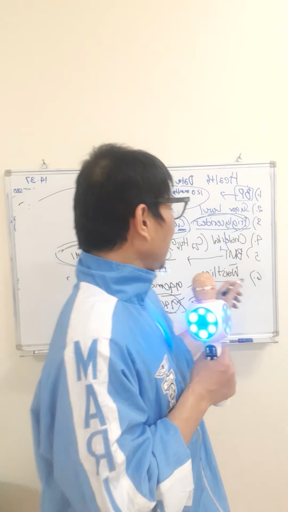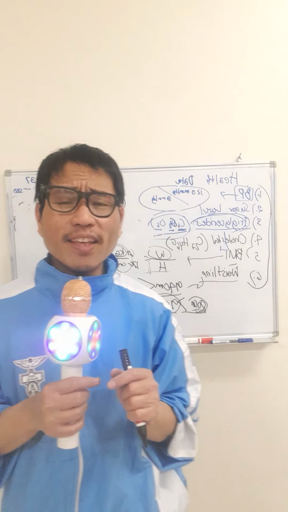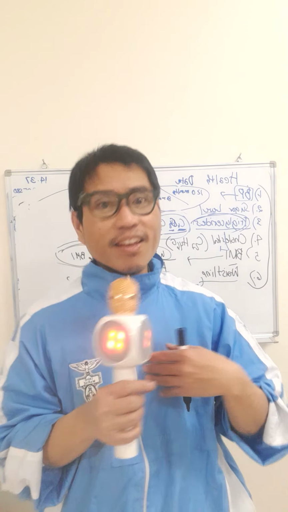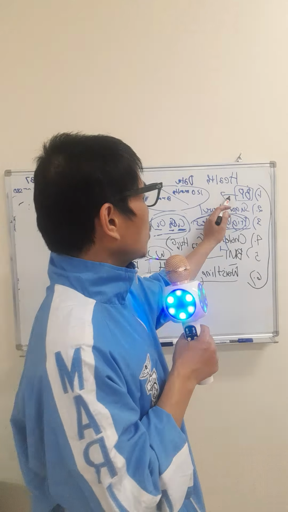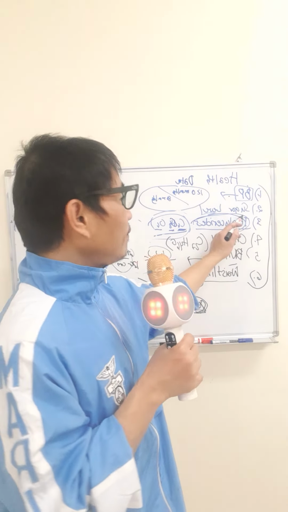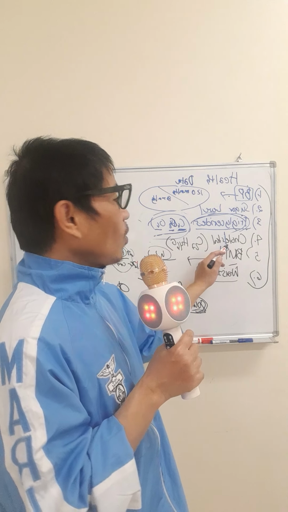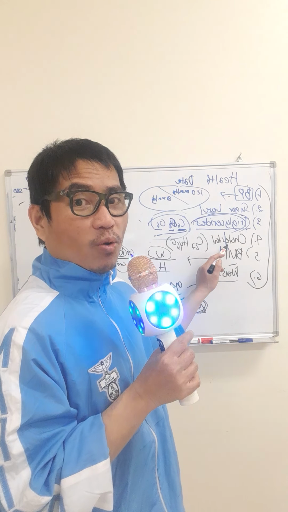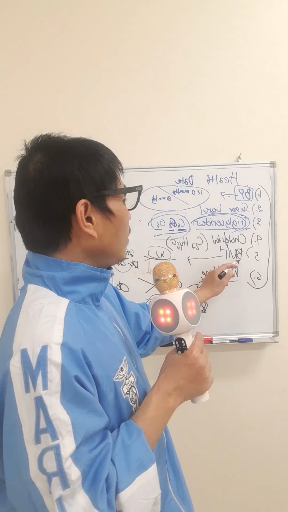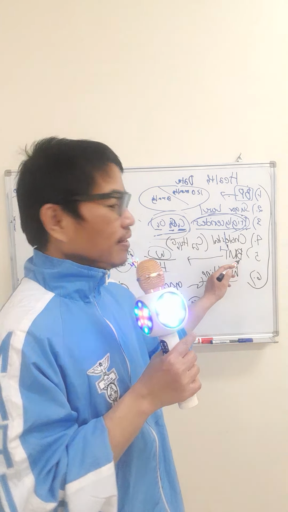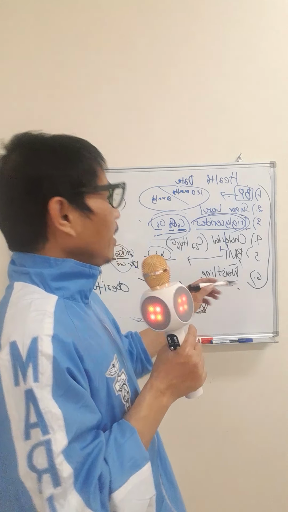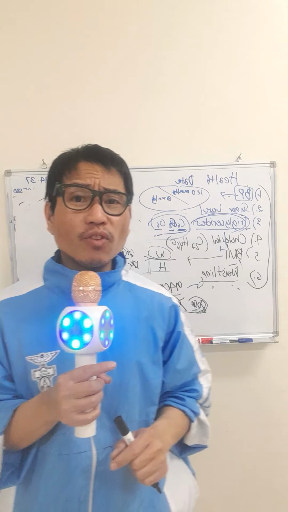So the 6 health parameters or health data to be maintained and controlled by us are: first, blood pressure; 2, sugar level; 3, triglycerides; 4, cholesterol, or specifically the low density lipoprotein; 5, BMI, body mass index; number 6, waistline.